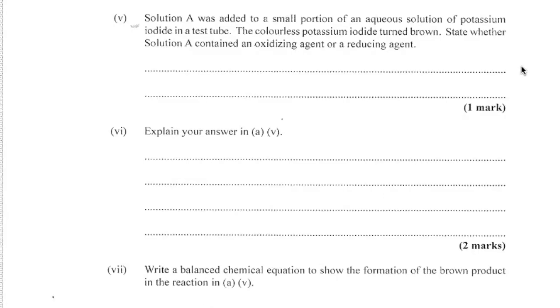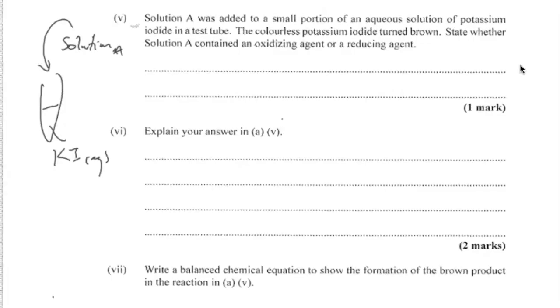We're given a test tube which contains aqueous potassium iodide, which is colorless. And then solution A is added to this solution of potassium iodide, and the potassium iodide changes from colorless to brown. And we should state if solution A is an oxidizing or a reducing agent.